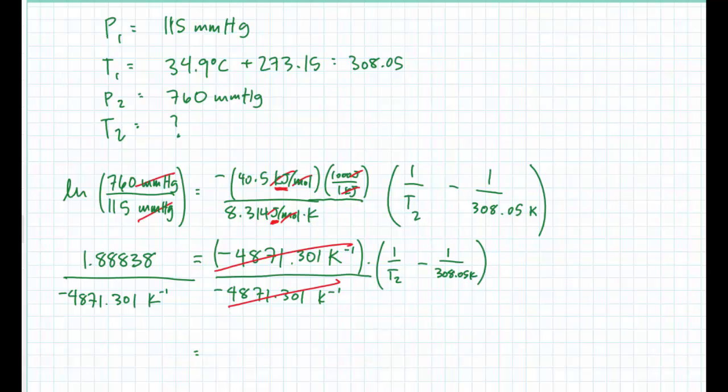No, that's right, that's what I got. .387, okay, so then we just have to add. So you have to do plus parentheses 1 over. Yeah, and when you're adding, do plus parentheses 1 over 308.05, otherwise I think the order of operations might not be right.